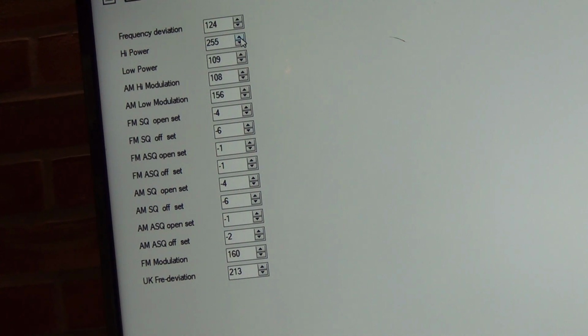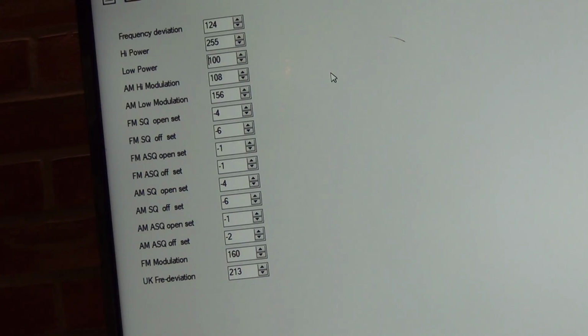Low power was higher than I would like, but that's fine. It was 1.6 watts. Well, perhaps it ought to be 1. Then turn it to 100, and that's going to be a little bit less, isn't it? Yeah. I'm going to have to go to the test set backwards and forwards, of course. The AM modulation was slightly high. What's the difference between AM high modulation and AM low?